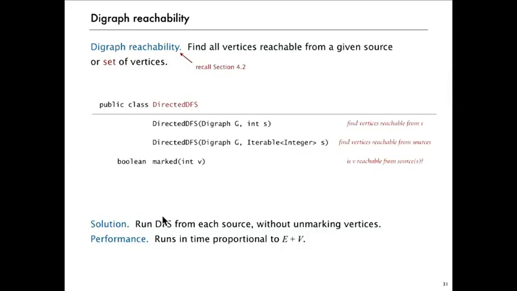You just run it from each of the sources and you don't unmark the ones that you get to. And that stops DFS from revisiting any vertices, and it marks all the vertices that you get to from that set. So it's just a simple extension of our DFS implementation. It's going to run in time proportional to the number of edges plus the number of vertices in the digraph, and it's a very simple computation, digraph reachability.